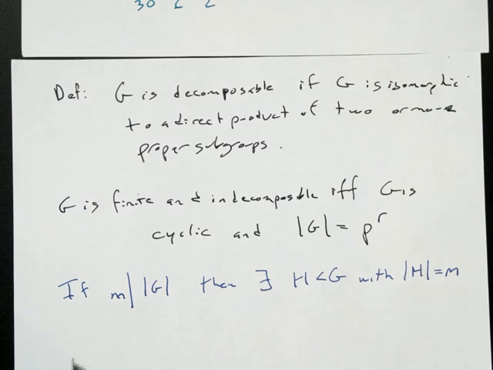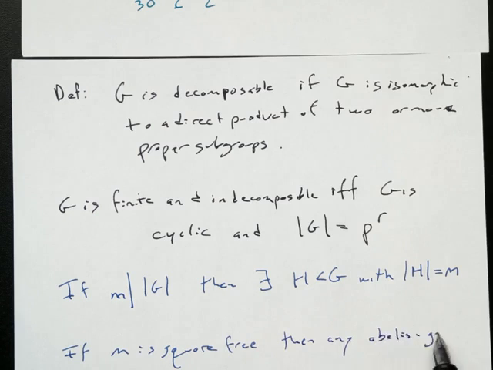If M is square free, then any abelian group of order M is cyclic.